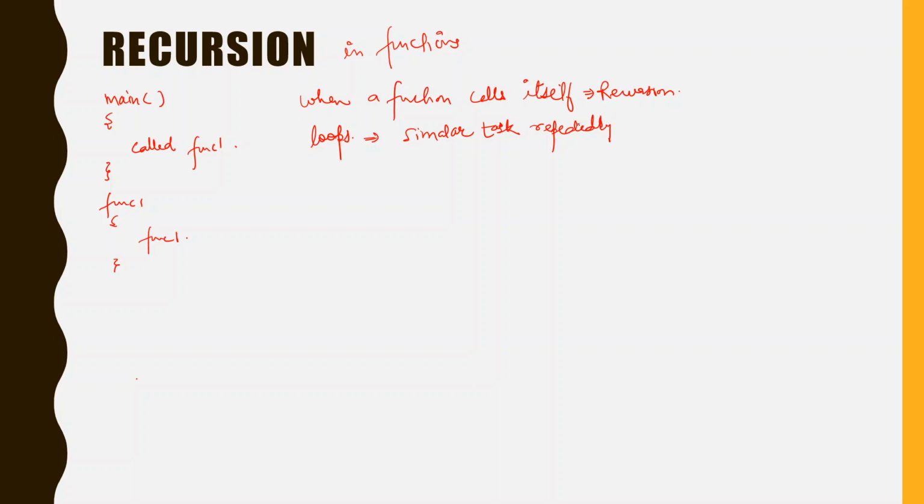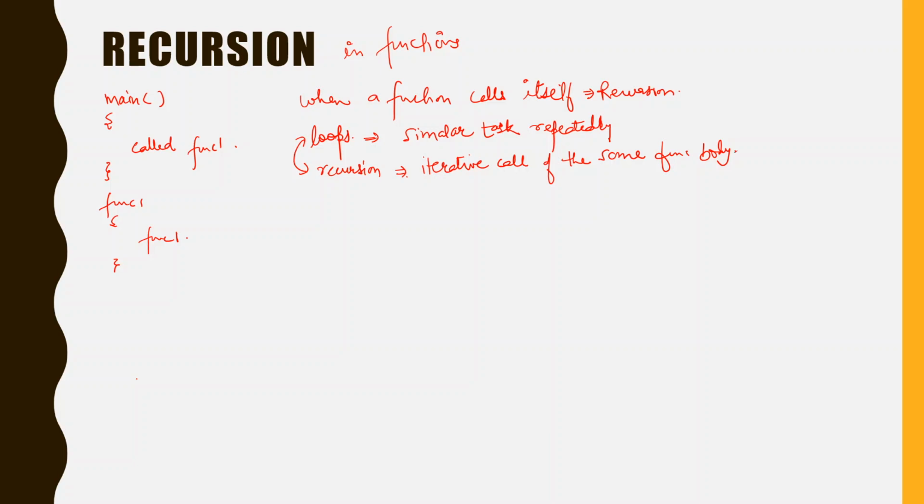So in C programming, loops are the functionality that is used to do similar tasks repeatedly, and an alternative to loops in the form of recursion can be used, and it also performs an iterative call of the same function body.